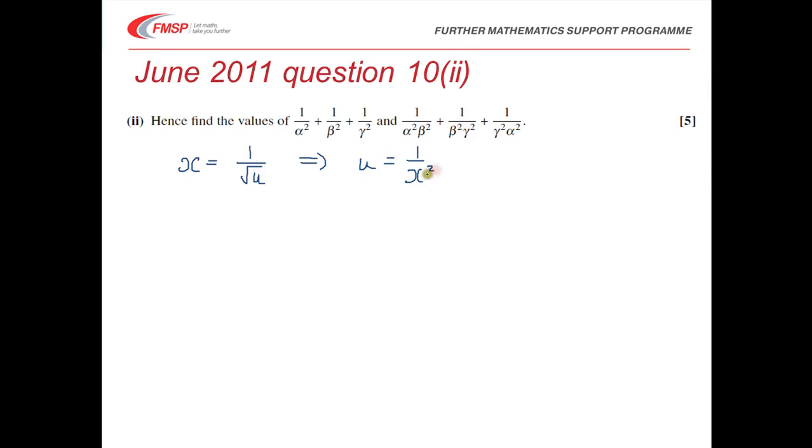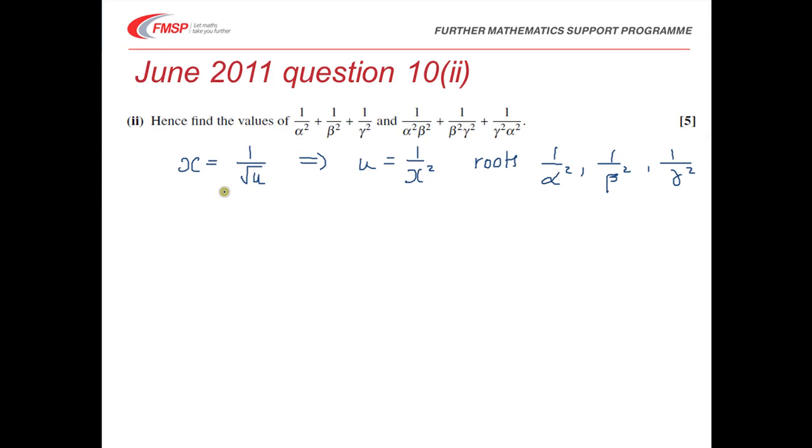We rearrange that. And so the equation has roots 1 over alpha squared, 1 over beta squared, and 1 over gamma squared. If you remember, the roots of our original equation were alpha, beta and gamma, and we've made that substitution.